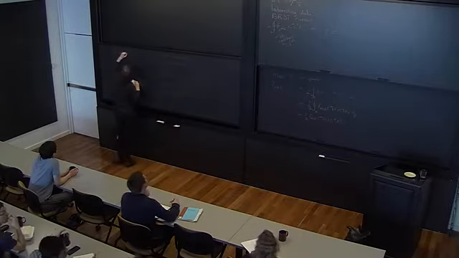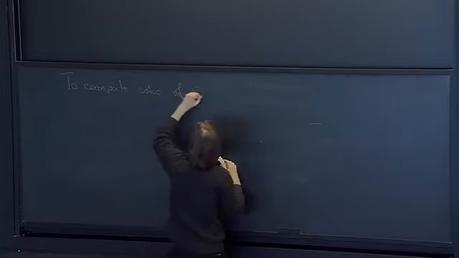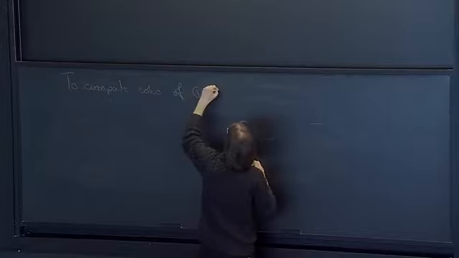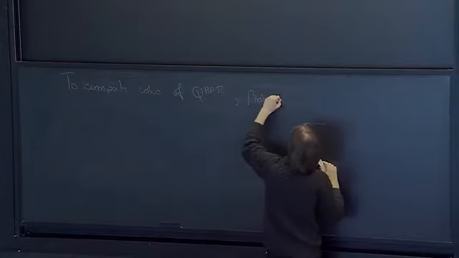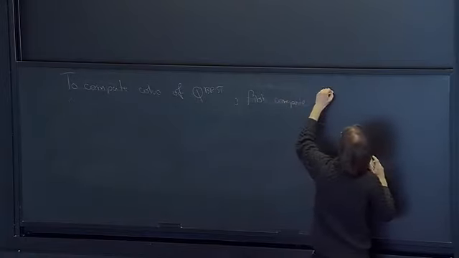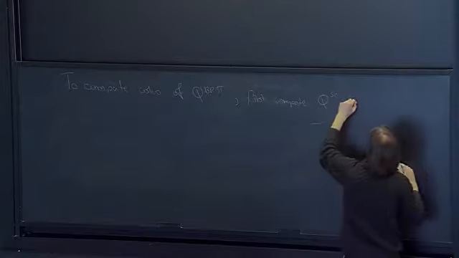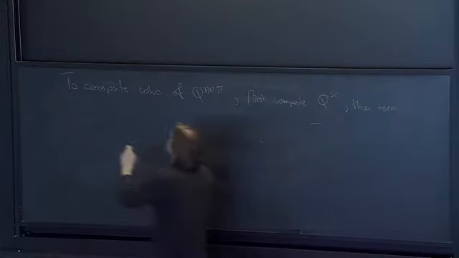Compute the cohomology of BRST. We'll first compute Q semi-classical, which is the term involving only single contractions.